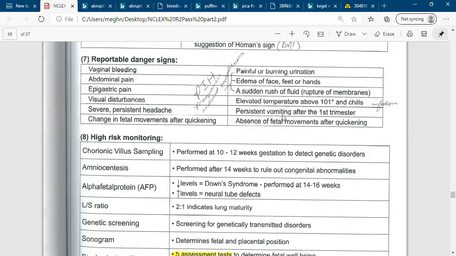Also absence of fetal movement after quickening. The mother feels the movement of the baby for the first time at quickening, but if the mother does not feel it for a long time, it indicates a complication has arisen. These are the most reportable danger signs of pregnancy that we should know.